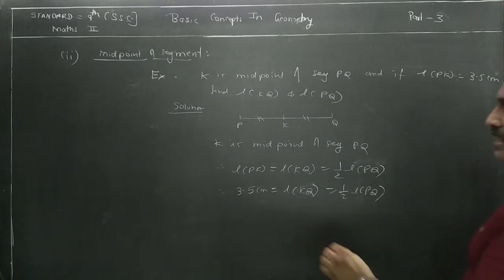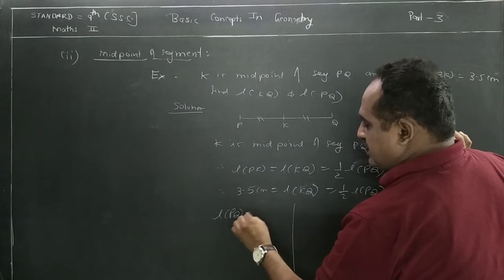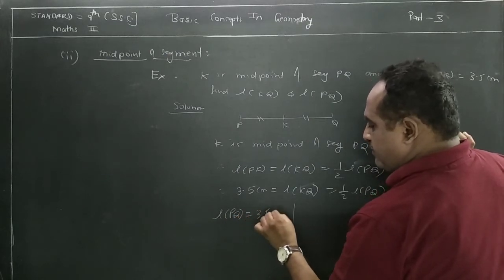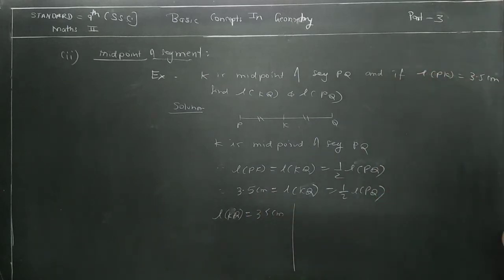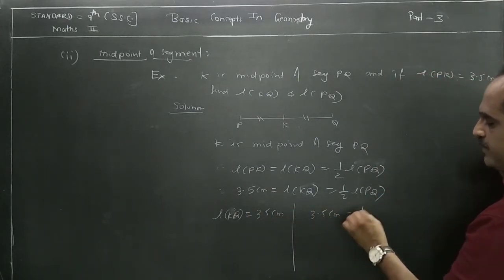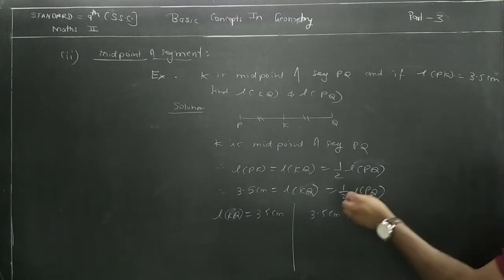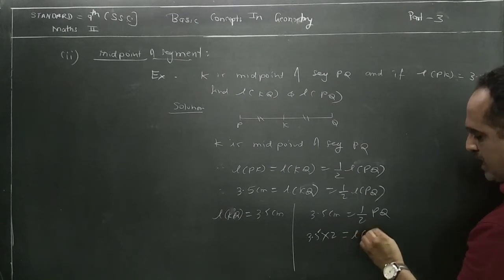So what will happen now? Just tell me. If I multiply 3.5 by 2 it will be PQ.